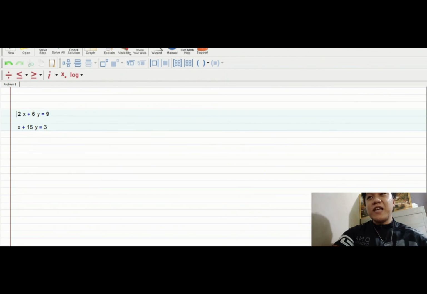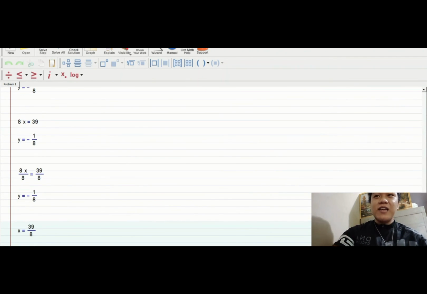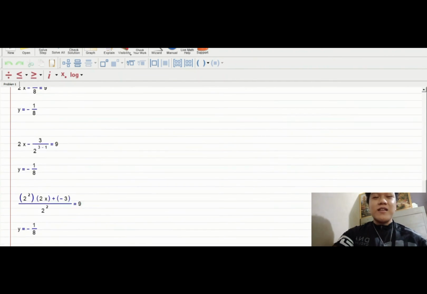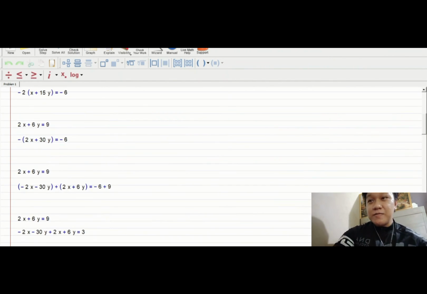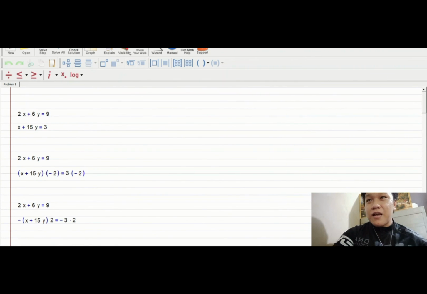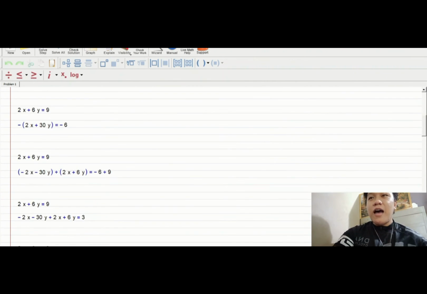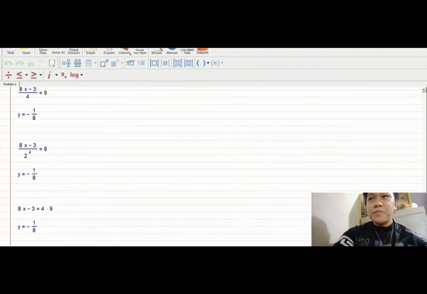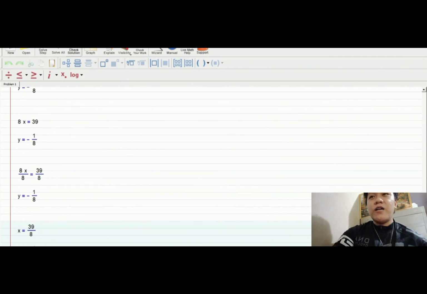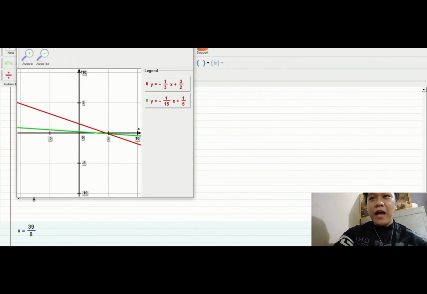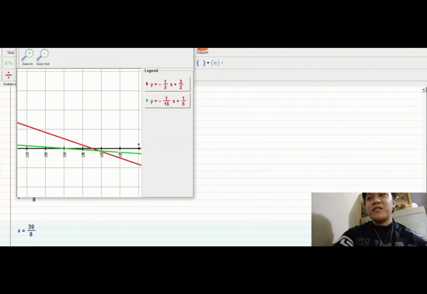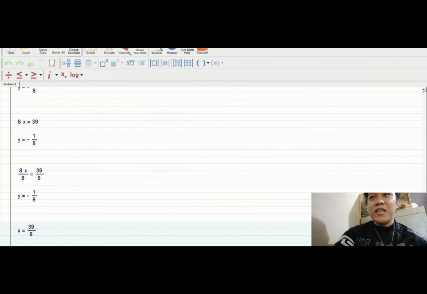Okay, so next you just click the solve all, and then as you can see, it is automatically solved, and you can see those solutions. And if you want to have some explanation or find the graph, click the graph, then you can see the intercept, and then the explanation.